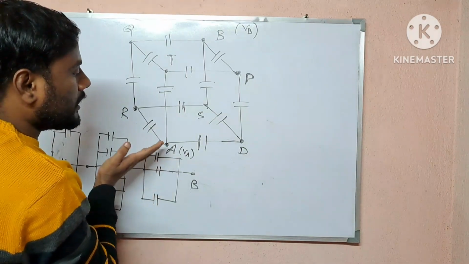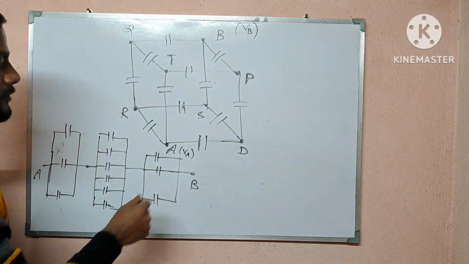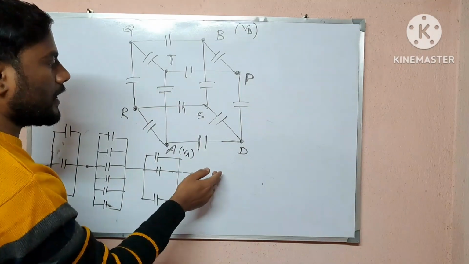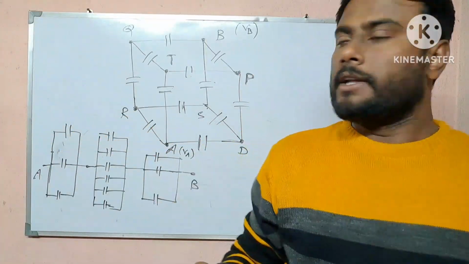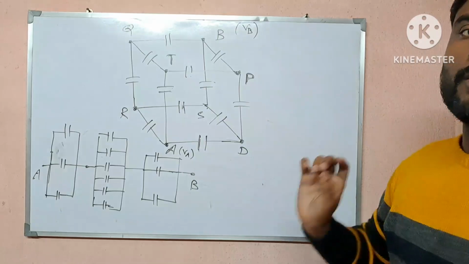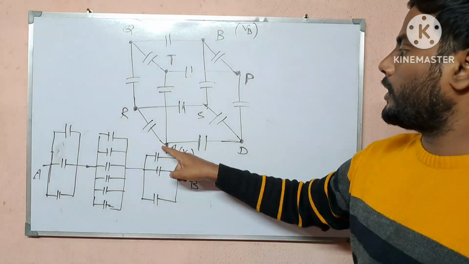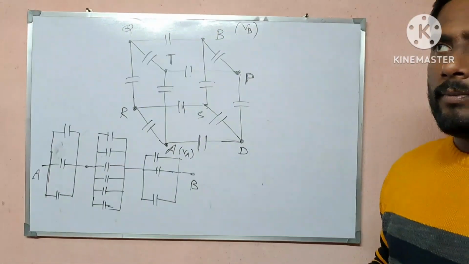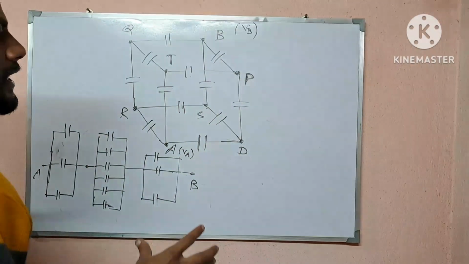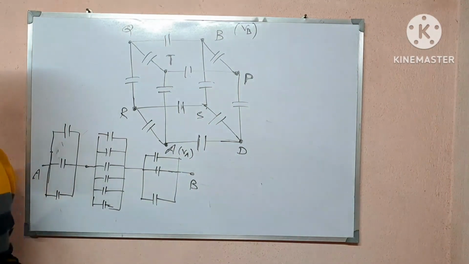Then from that point, an equal amount of current flows, because each resistance will be the same. How much current flows depends on the value of resistance.